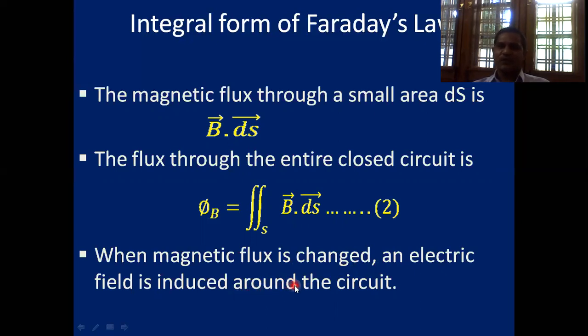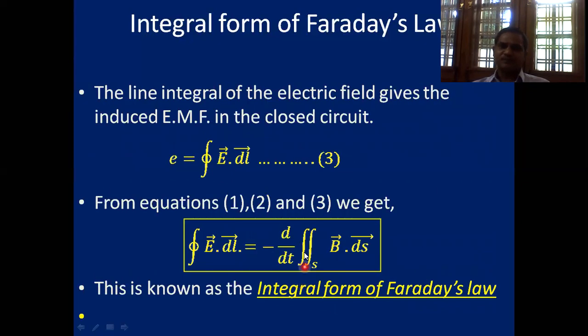Whenever magnetic flux is changed, an electric field is induced around the circuit according to the electromagnetic induction phenomenon. As we observed in Faraday's experiment, when the magnetic flux is changing, since that varying magnetic flux is enclosed by this closed circuit, an electric field is induced around the circuit.